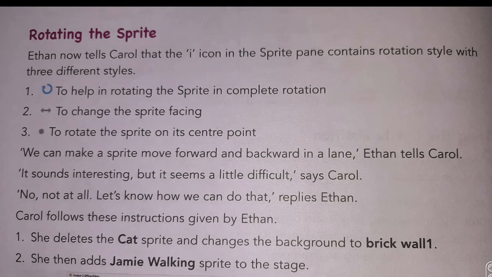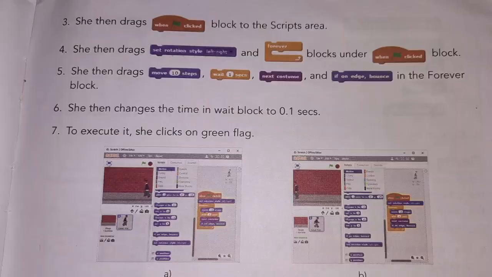She deletes the cat sprite and changes the background to brick wall 1. She then adds Jamie walking sprite to the stage. She then drags when flag clicked block to the scripts area. She then drags set rotation style left right and forever blocks under when flag clicked block.